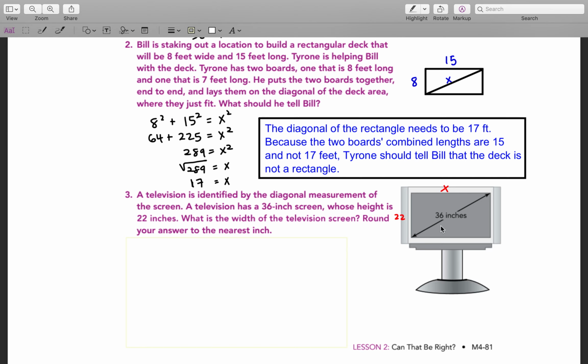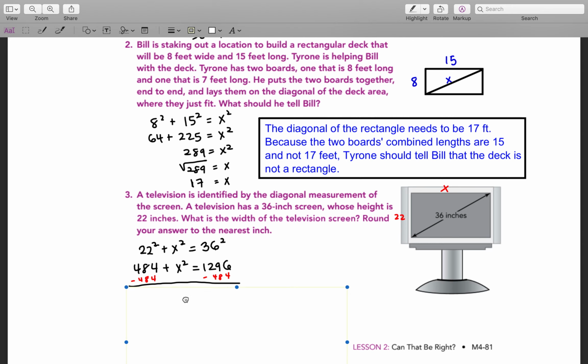So in this case, we're given the hypotenuse and one of the legs, and we're looking for another leg. So it's going to be 22 squared plus x squared is equal to 36 squared. So 22 squared is 484, and 36 squared is 1,296. And to figure out x squared, you would have to move this over to the other side by subtracting 484 from both sides.